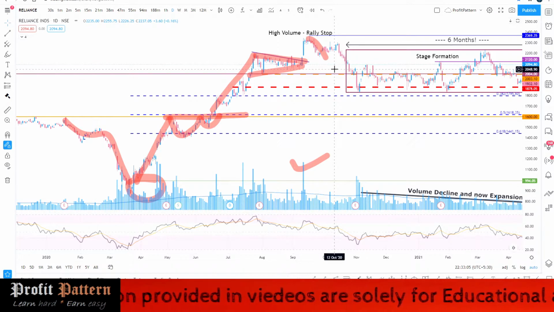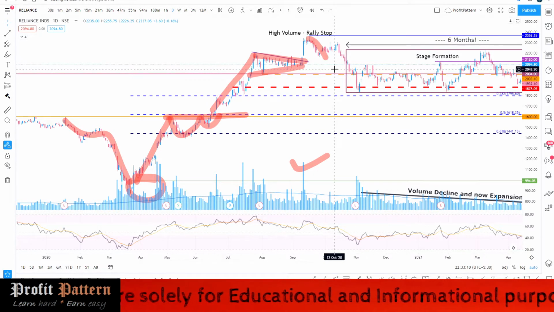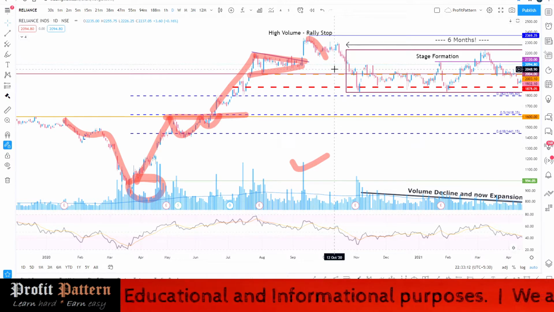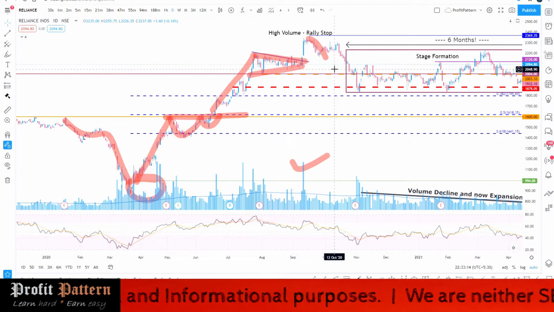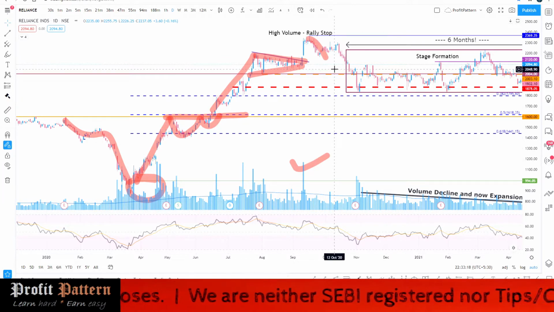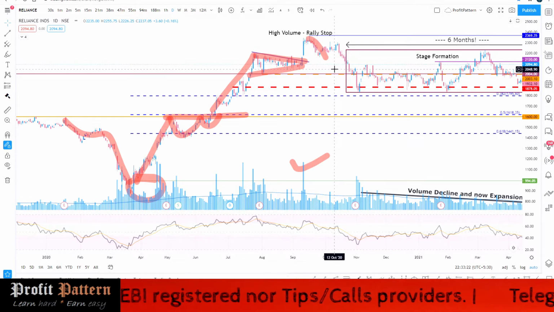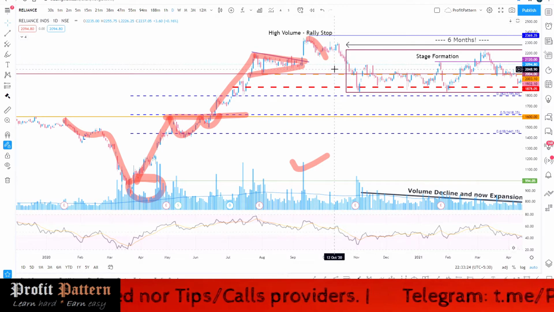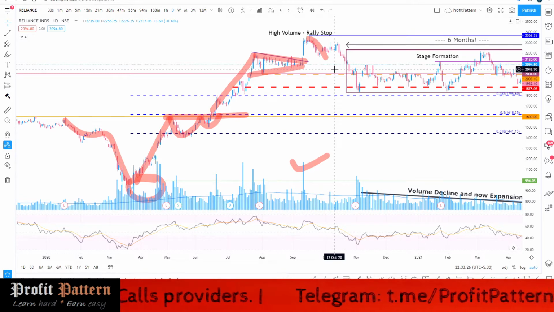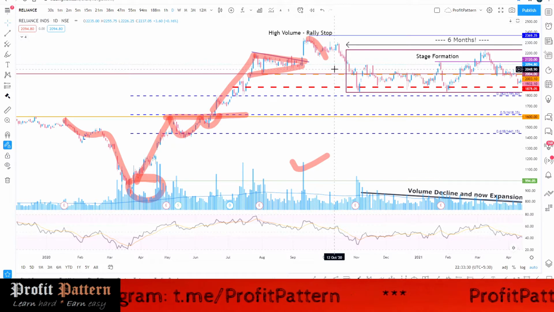See, whatever things happen have some reasons, and for retail traders, those news items come at a later stage. So you hardly get time to react to those news, because the impact has already happened to your stock, and then after that the news comes out. There are the big players.